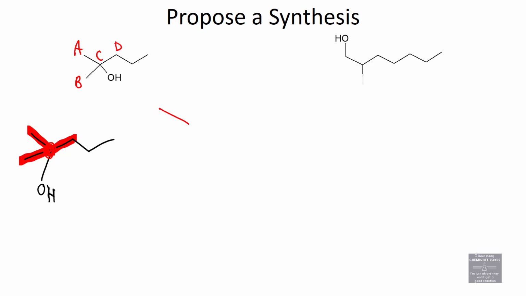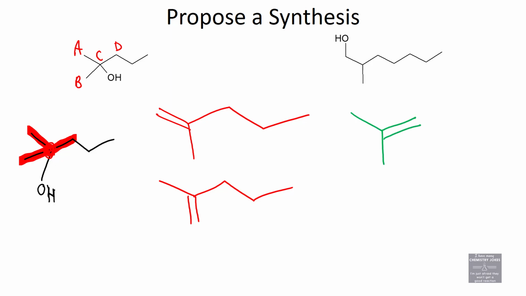So if I were trying to synthesize this thing from that alkene, that's an alkene between carbon A and C. As it turns out, that's the same alkene as between B and C because of symmetry, right? Right. The alkene between C and D is there. So this is C and D alkene.